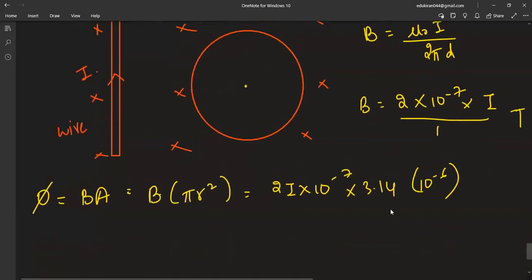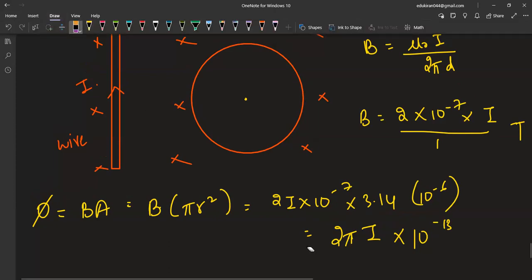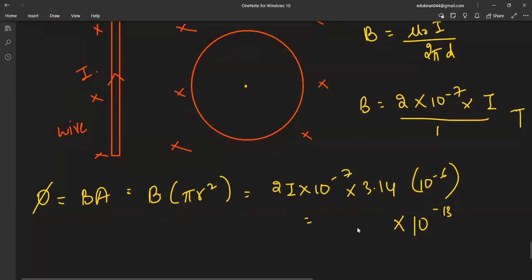So this becomes 2 pi I into 10 to the power minus 13.